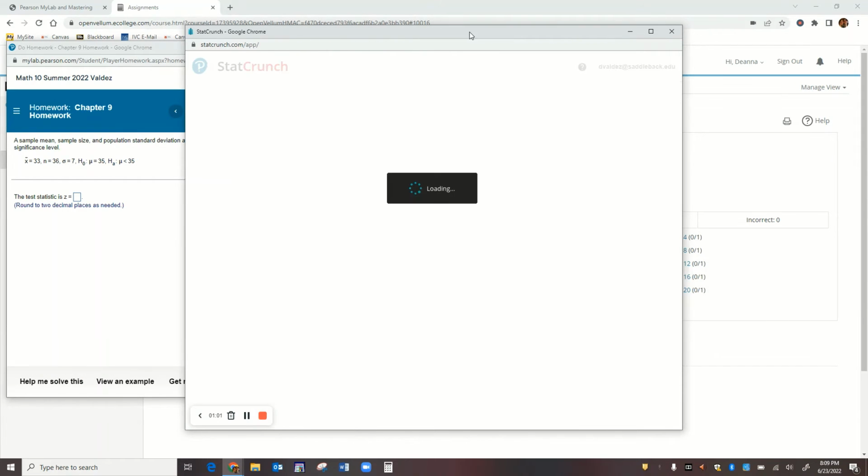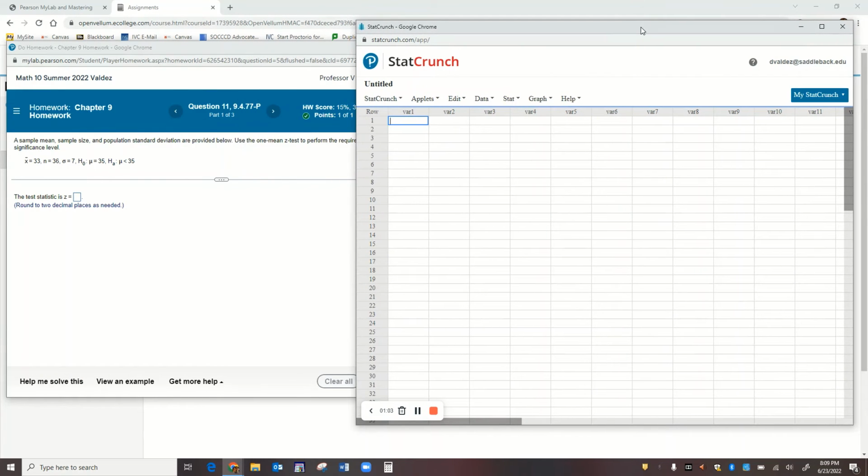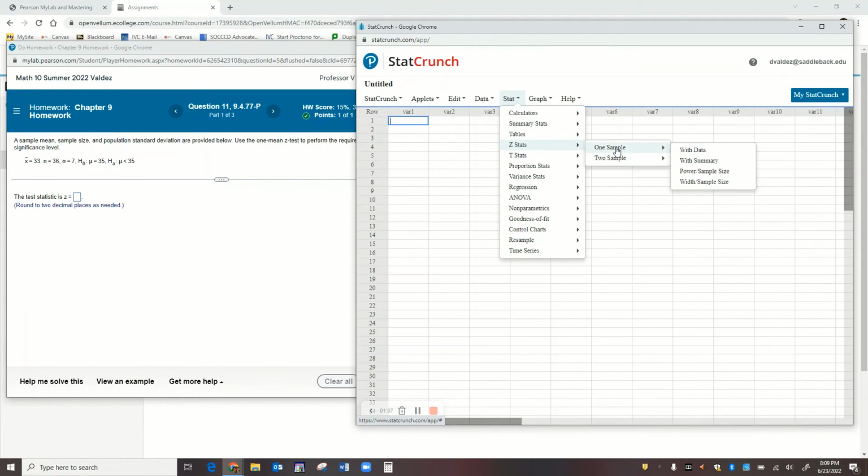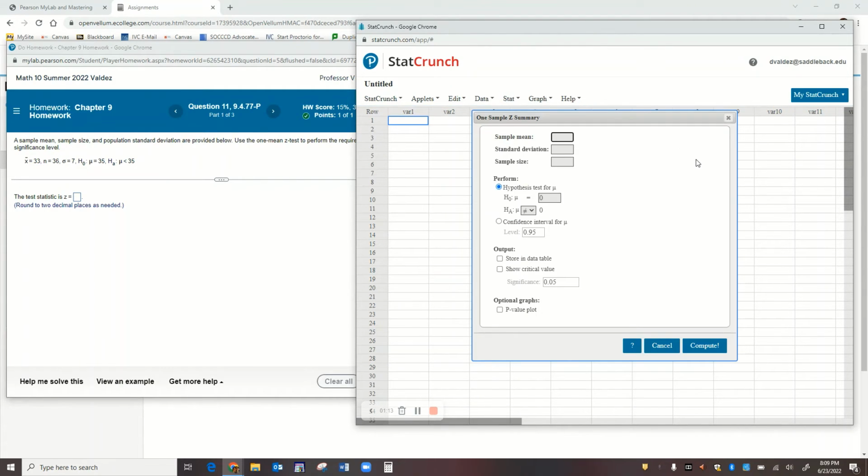So open it up and then notice you're going to go Stat, Z Stats, One Sample. And we don't have data, we have summary. They gave us the mean, standard deviation, etc. So sample mean, just enter all the info here. X bar, that was 33.